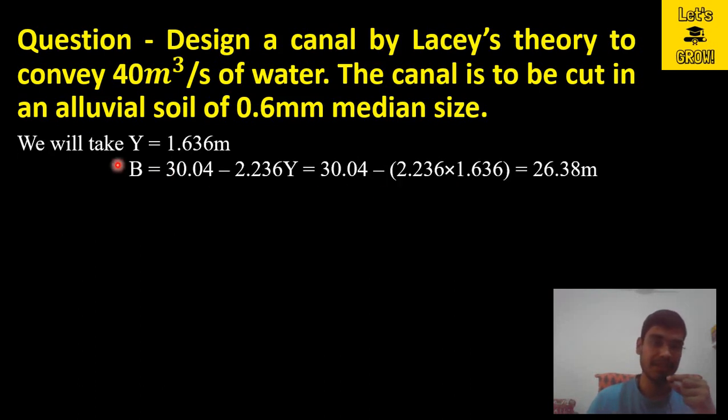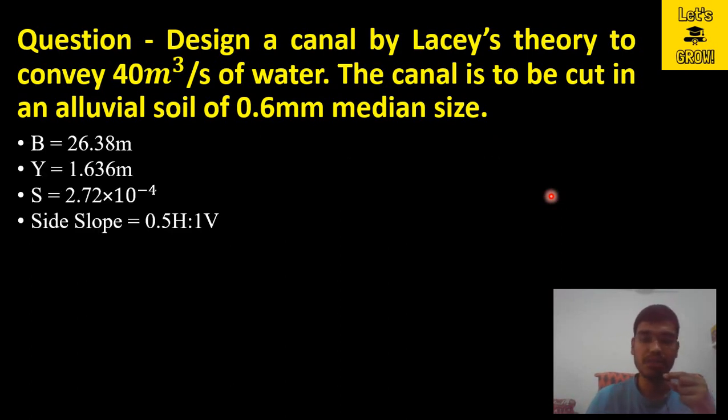When we take the value of y as 1.636 meter, the width is equal to 30.04 minus 2.236 into y. When you substitute the value of y and simplify, you can find the base width of the canal, which is equal to 26.38 meter. So now we have four parameters for the design of the canal.